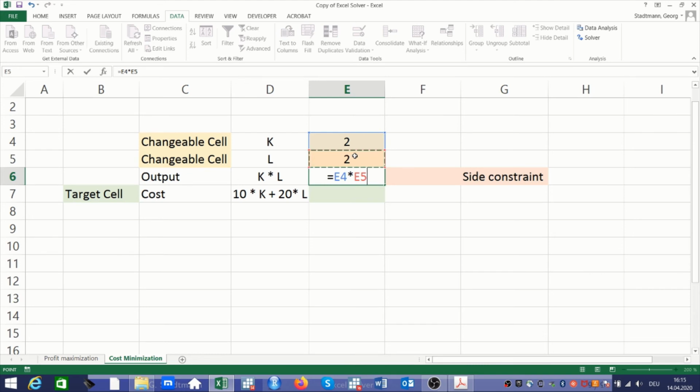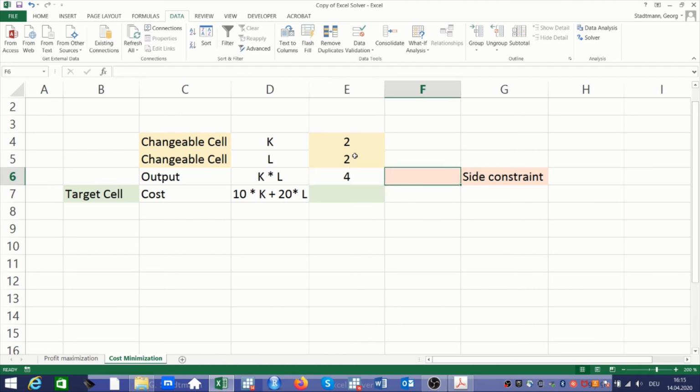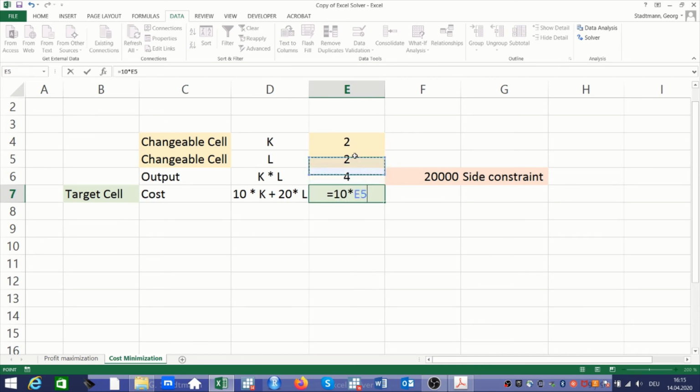Right now the output should be equal to 4, but in the end it should be equal to 20,000. This is our side constraint. The costs right now are equal to 10, like the interest rate, times the number of capital units, plus 20, the wage rate, times the number of labor units.